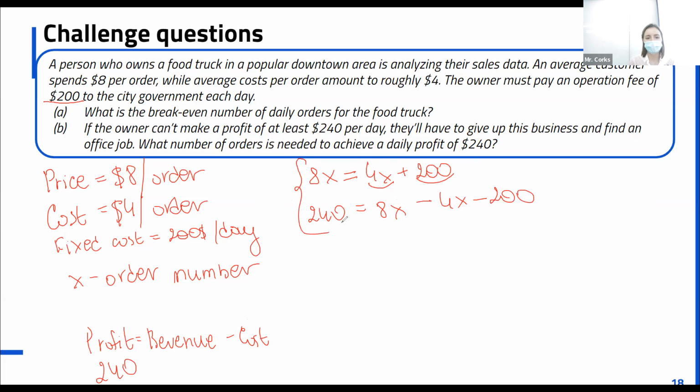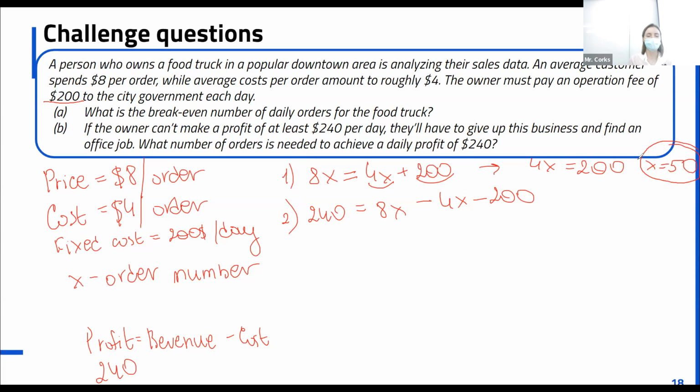And here is our equations. Let's have it 1 and 2. So what we have here, 4x equals 200, so x equals 50. So to break even, he needs to sell 50 orders.